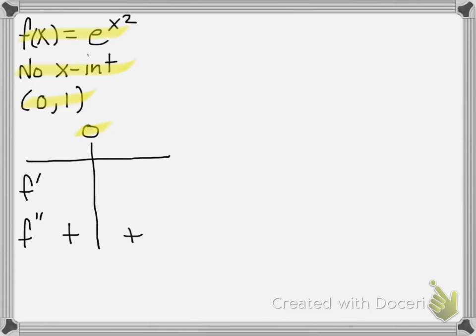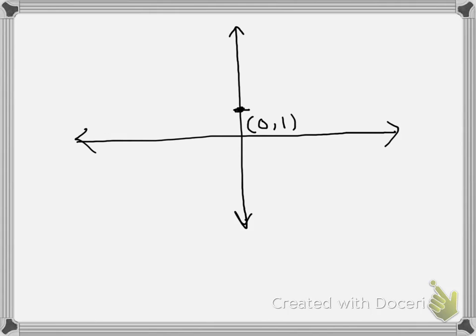And so then our f prime, whenever we plug in values for that, anything less than 0 should give us a negative, and then anything greater than 0 is going to give us a positive. So whenever we go to graph that, okay, so I went ahead and put our point in there, 0, 1, and so since that's 0, we're never going to drop below that.